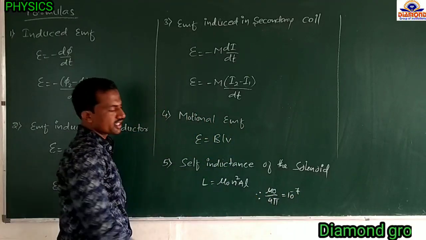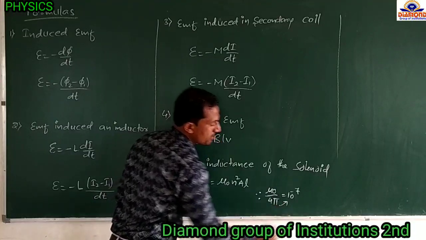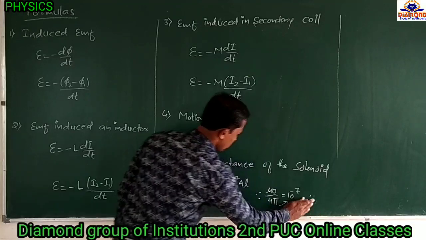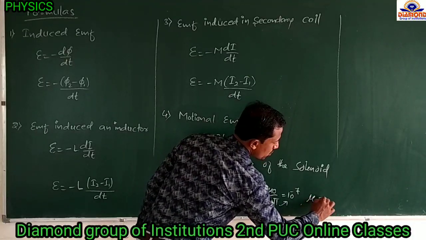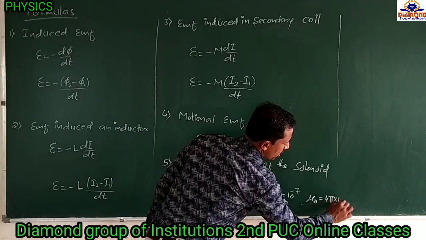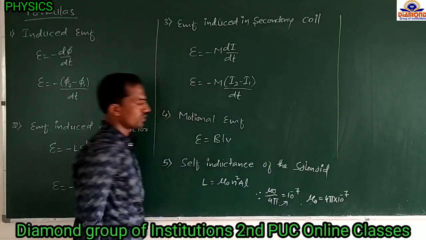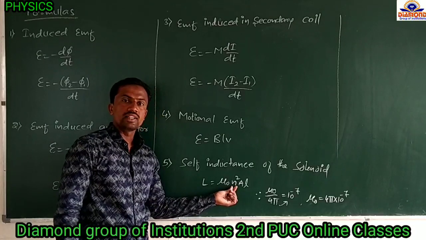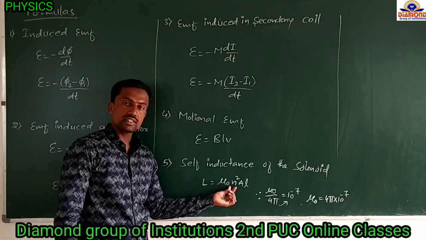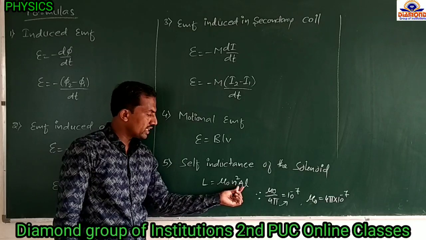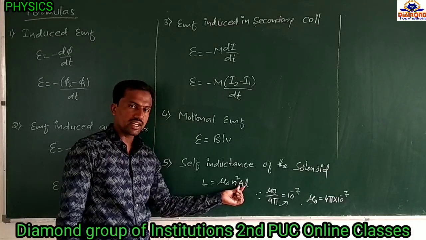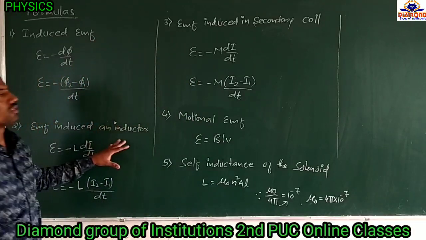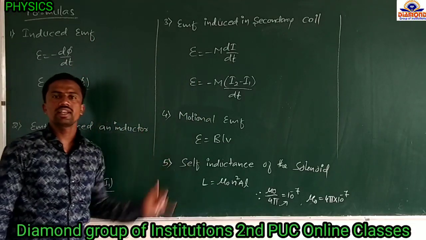So mu naught equals 4 pi times 10 to the power of minus 7. Then n square, number of turns per unit length, A means area, L means length. These are the formulas, and using these formulas we can solve the problems.